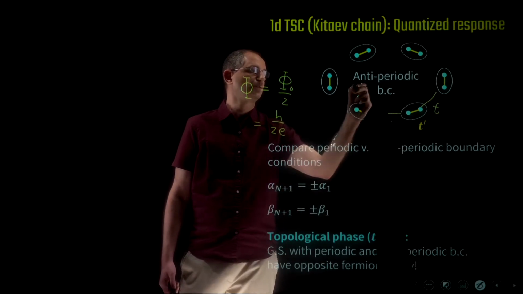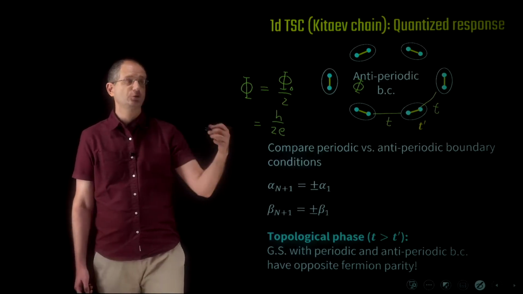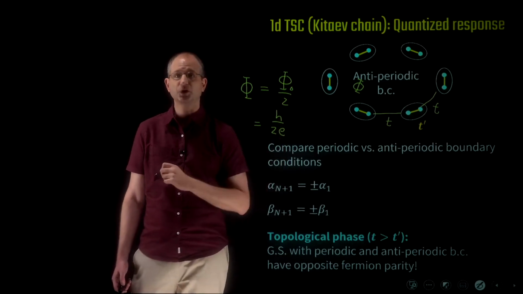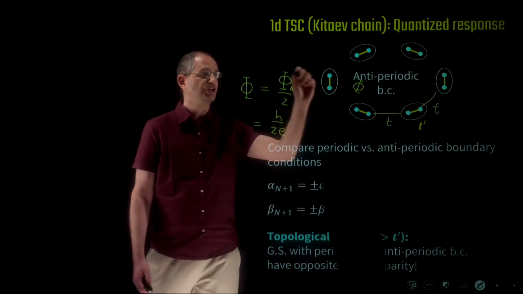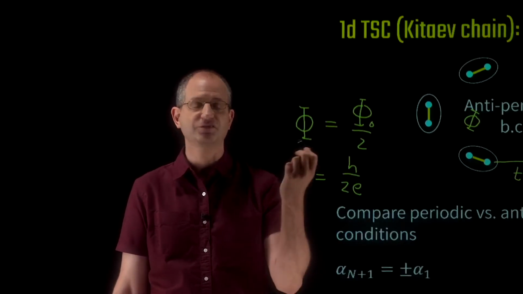Inserting that flux through our chain corresponds to switching the boundary conditions for electrons from periodic to anti-periodic. In terms of a superconducting chain, that corresponds to a single superconducting flux quantum, or half a flux quantum for electrons.